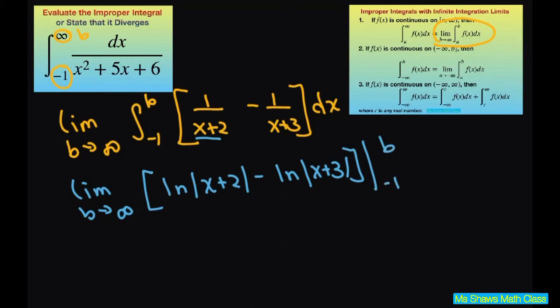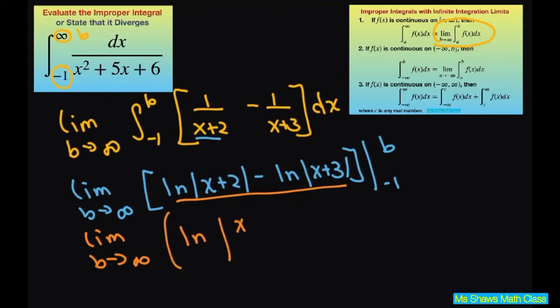I'm going to go ahead and condense my logarithms using the quotient property and write it as a single log. So basically we have ln of absolute value of x plus 2 divided by x plus 3. And now we're evaluating from negative 1 to b. So let's plug everything in.